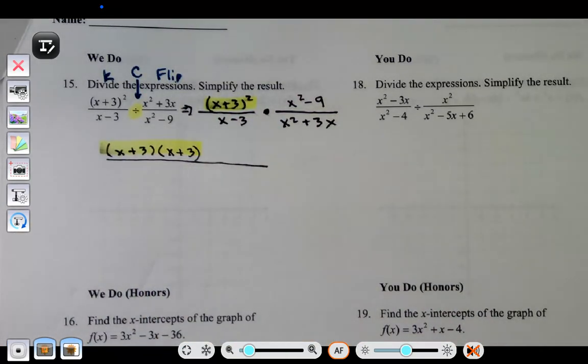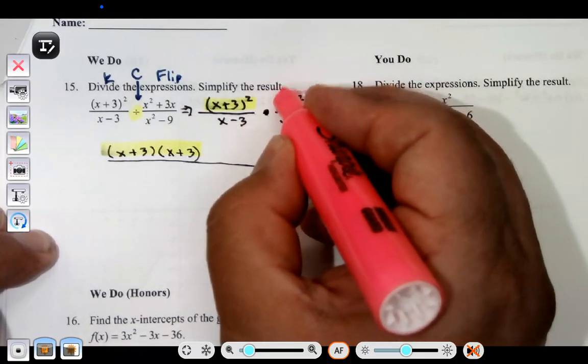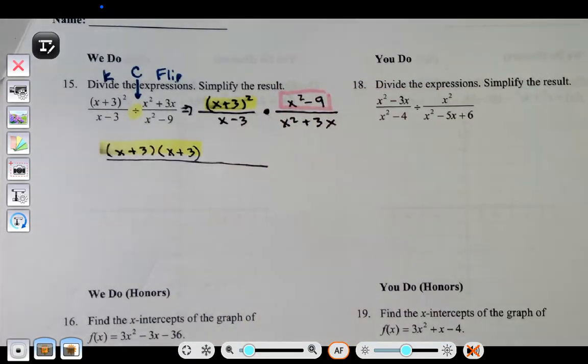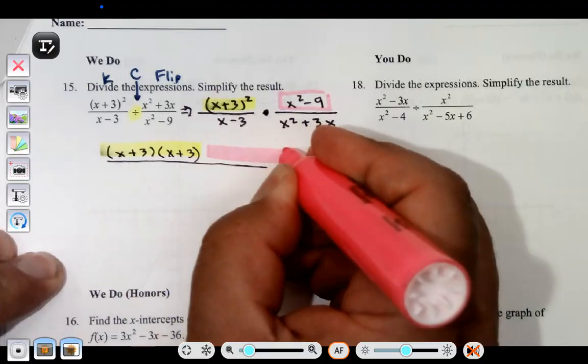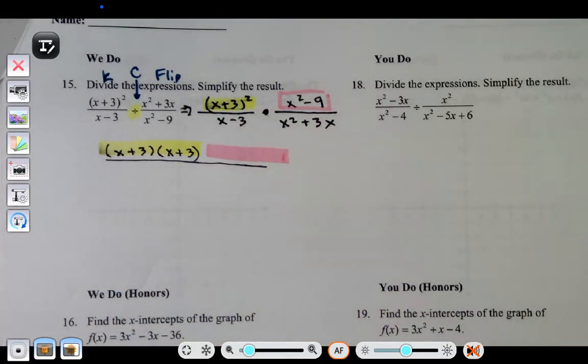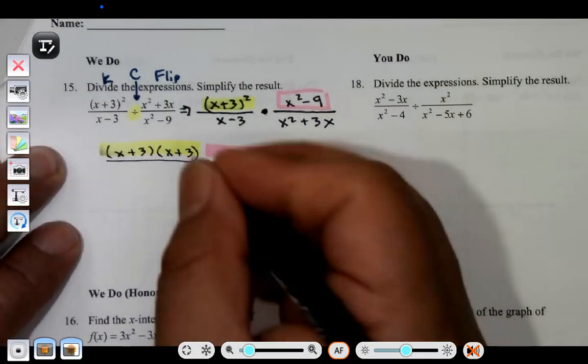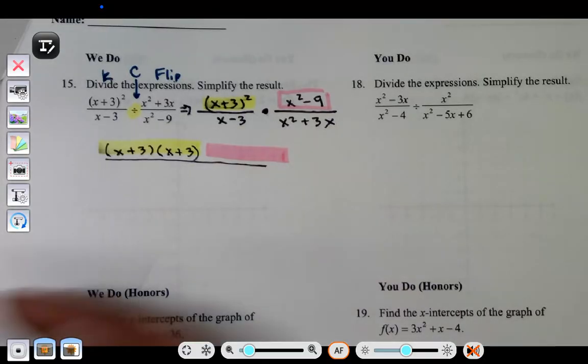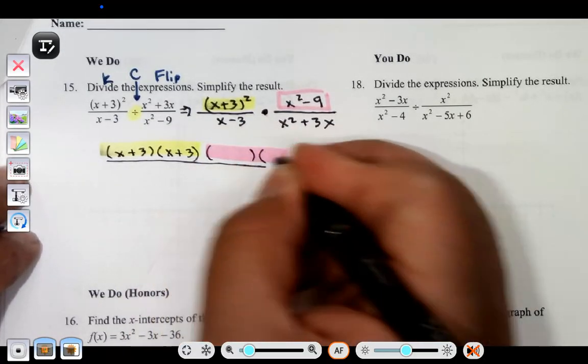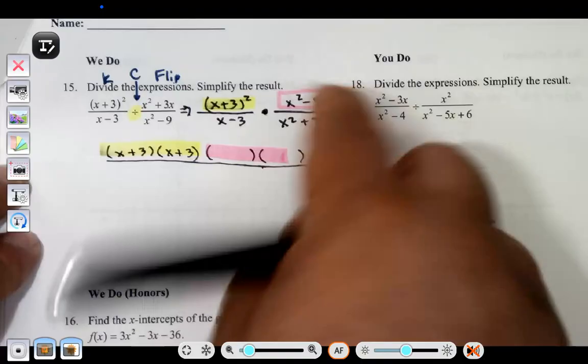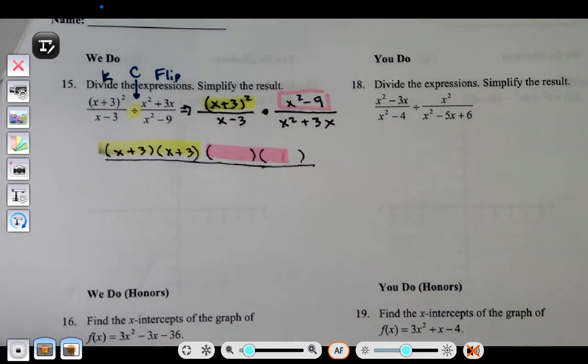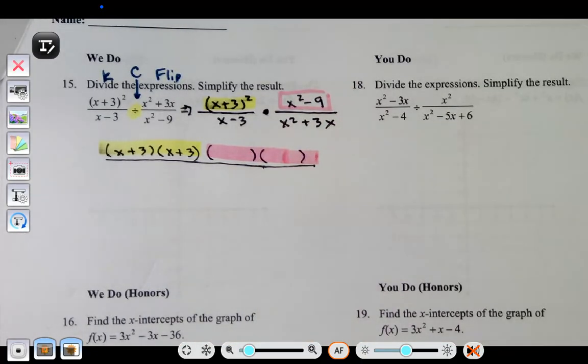Now, the next one, they want me to factor this. Well, once again, it has 2 terms. Remember, this continues to be on the top. When it has 2 terms, right, a difference of squares, I'm going to write 2 parentheses.